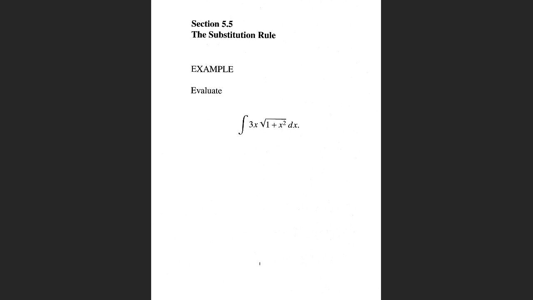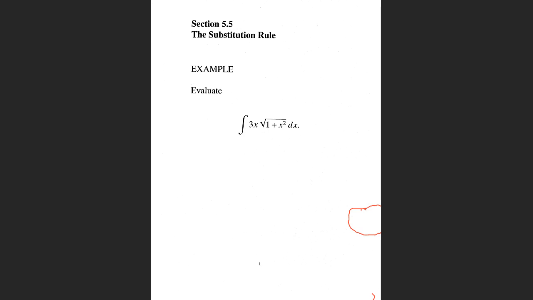So you have u to the 3/2 over 3/2 plus a constant, which is 2/3 times u to the 3/2 plus a constant. So the idea is that if we had just a u there in place of the 1 plus x squared, it might help us.